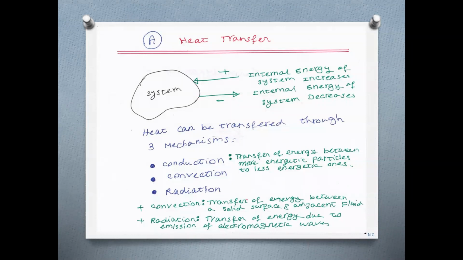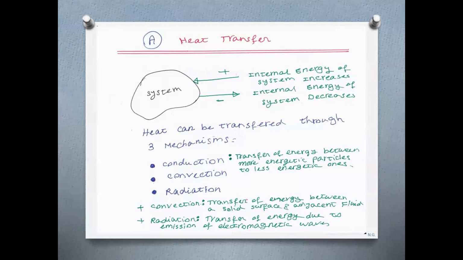But the left side, which is energy transfer into or out of the system, it can be through heat transfer into or out of the system. It can be through work transfer into or out of the system. And it can also be through mass transfer into or out of the system. So we start with heat, which can be transferred into or out of the system through conduction, convection, and radiation.